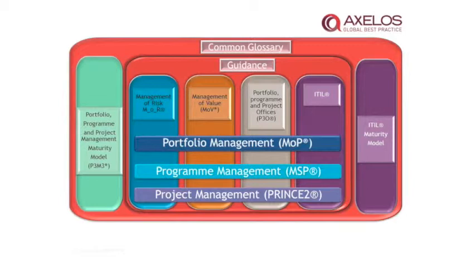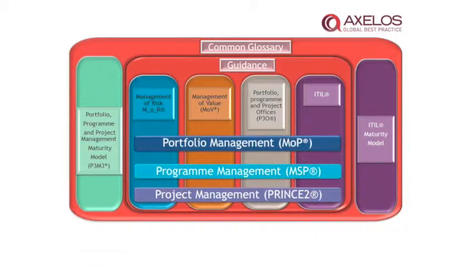We've also got something called Portfolio, Program and Project Offices. This looks at the functions and services required to support the business and projects. And so again, it impacts on Prince2, MSP, and MOP. And this would also cover any central functions providing guidance on standards or methods that an organization might have.